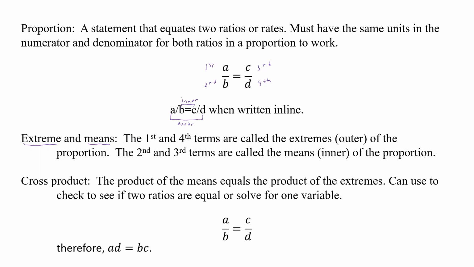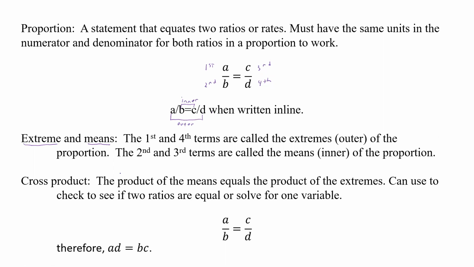Those are also the outer two terms. So the extremes are the outer of the proportion. Now the other two, the B and the C, the second and third, are called the means, or the inner of the proportion. The means are kind of the middle, and so are the inner, and that's why we have that. This is just the terminology.